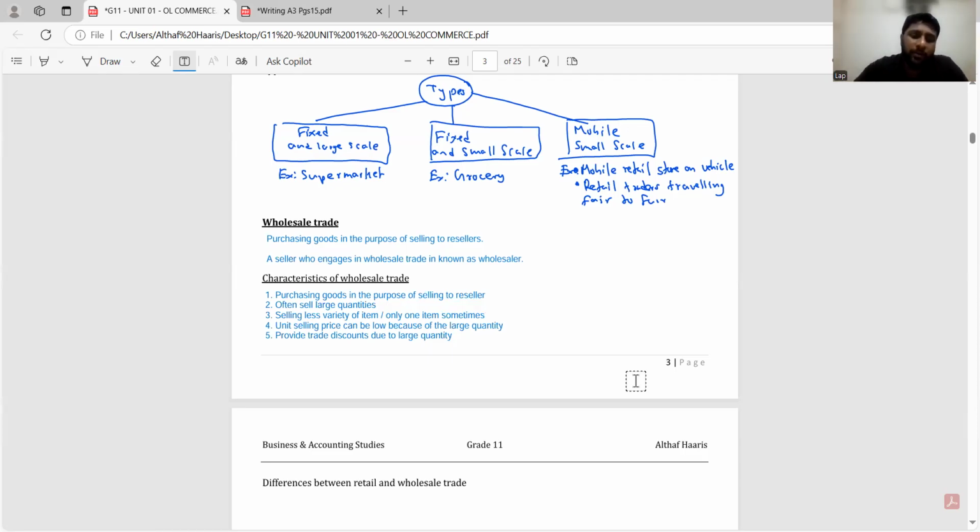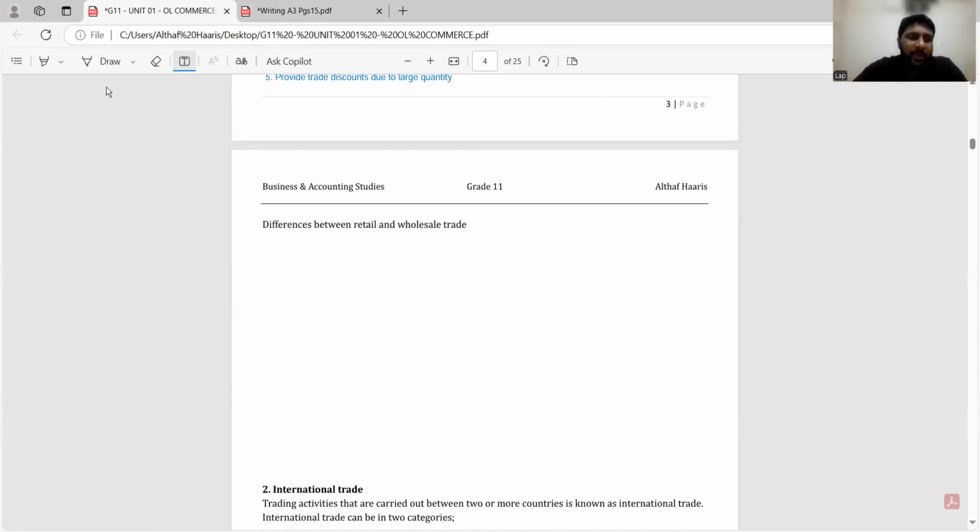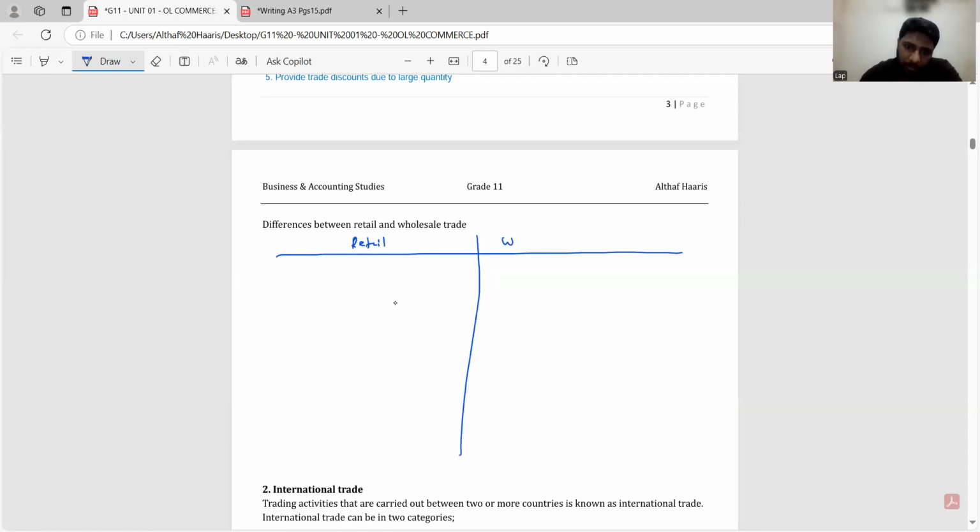Okay. Now we'll write certain differences from it. We'll put a small table and we'll write retail and wholesale. Retail: sell to final consumer.